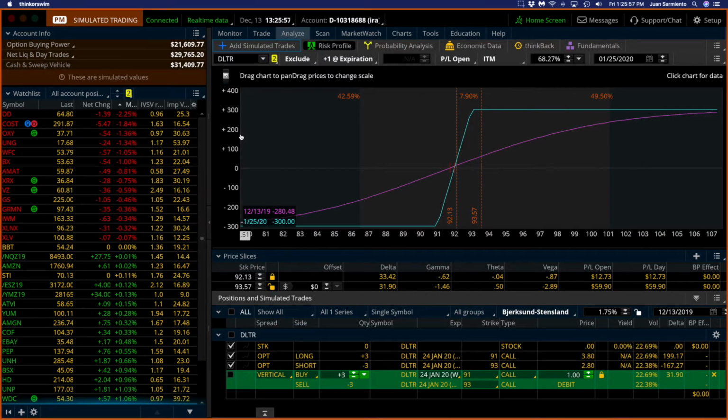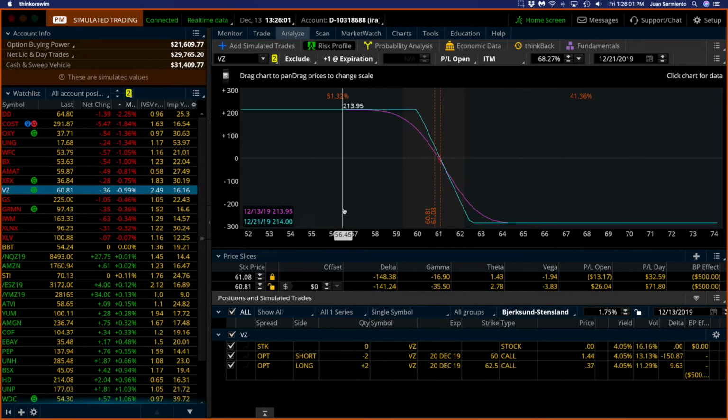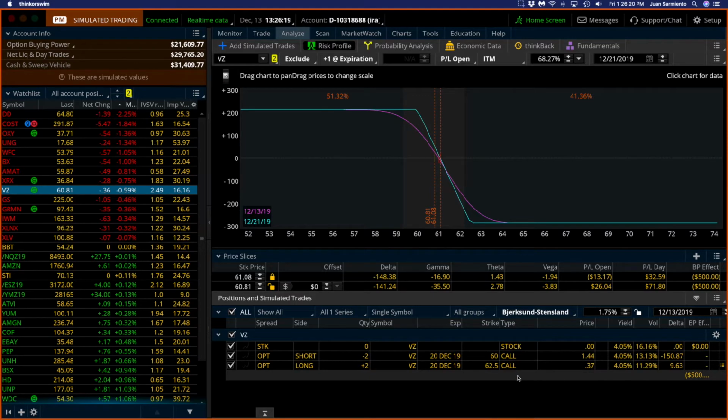The one I was considering was Verizon, but we already had a trade on it. Ironically, I was looking for a new trade, but we have that, and what we will do is roll it over. If you are somewhere between the strike prices, you can always roll it over to the next month.